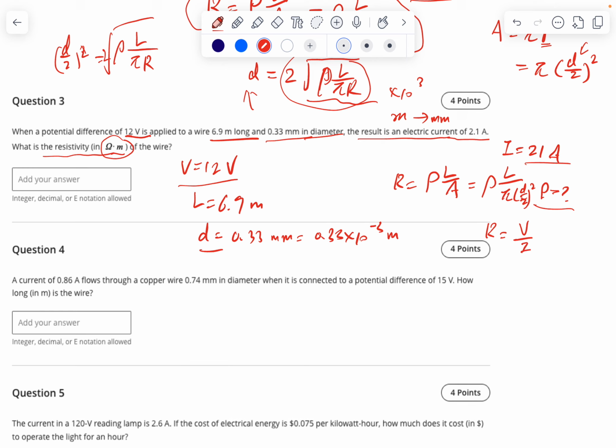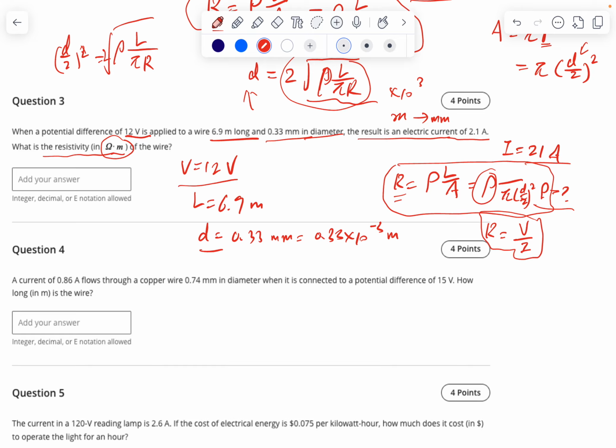So looking for rho, from this equation you find the resistance, and then plug the resistance into this equation.